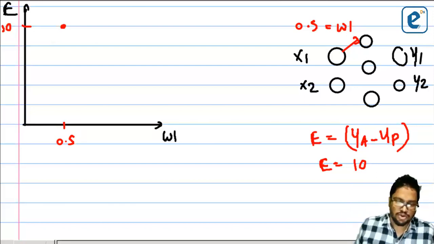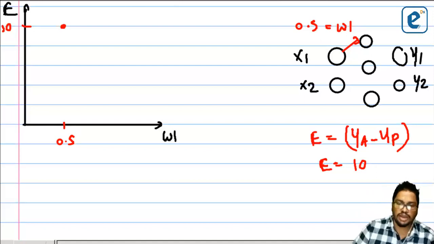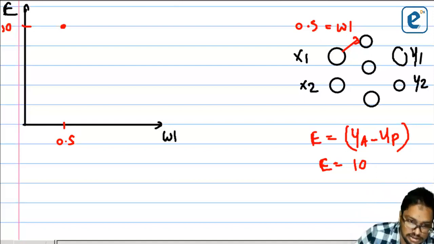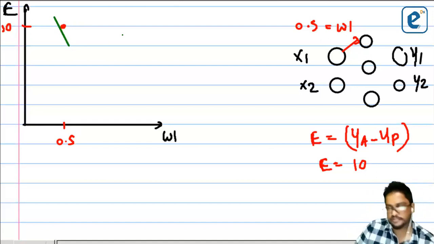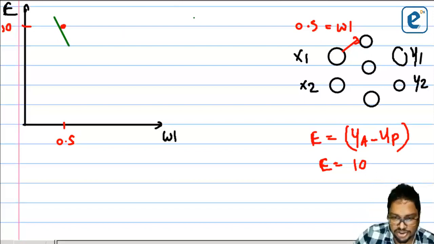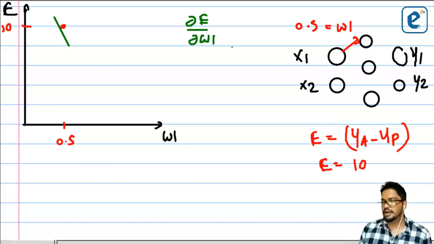Here what's going to happen, it's going to calculate the gradient. The gradient is actually ∂E over ∂W1. This is called the gradient. Last time I discussed this.